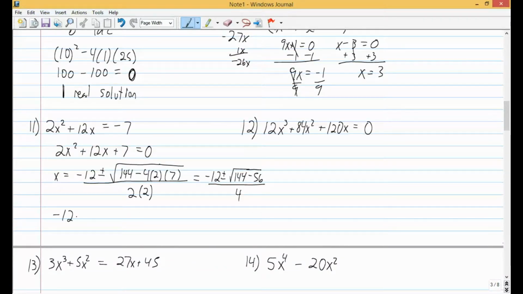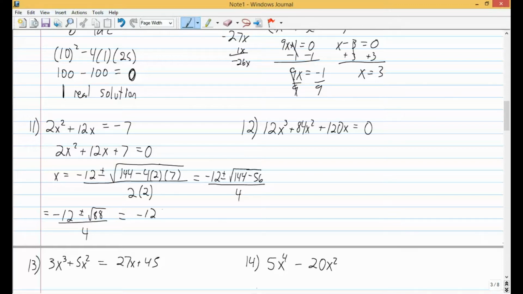So it's negative 12 plus or minus, that's going to be the square root of 88 all over 4.